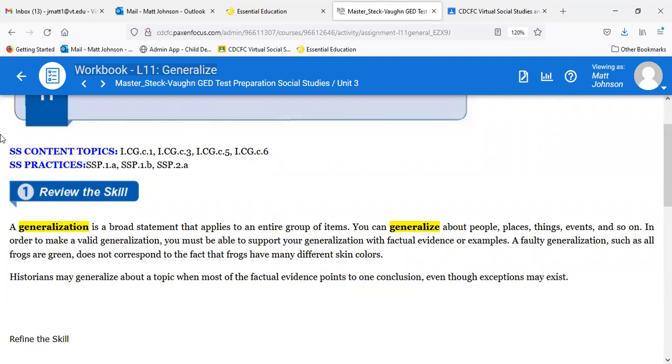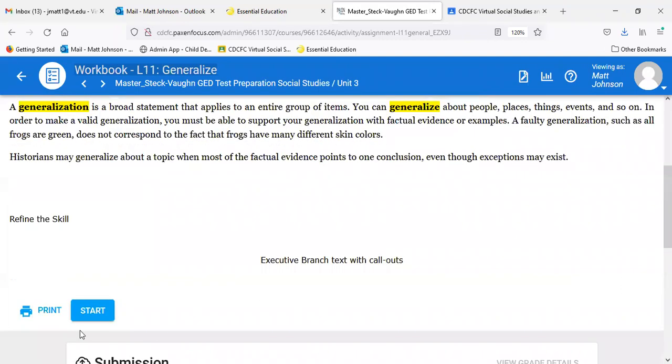So when we generalize about history, we want to make sure we have a ton of evidence to support what we're saying. And when we make arguments, you want multiple pieces of evidence that others can verify to support those ideas. So on to the workbook.